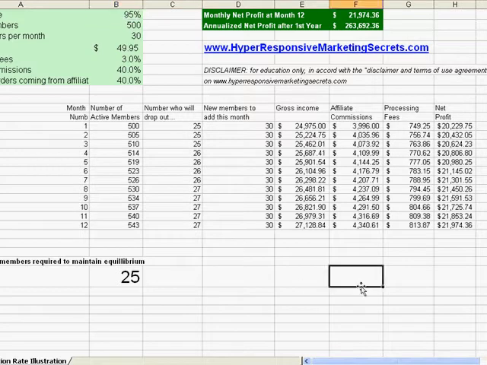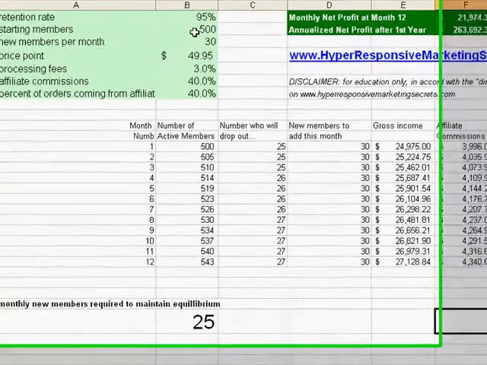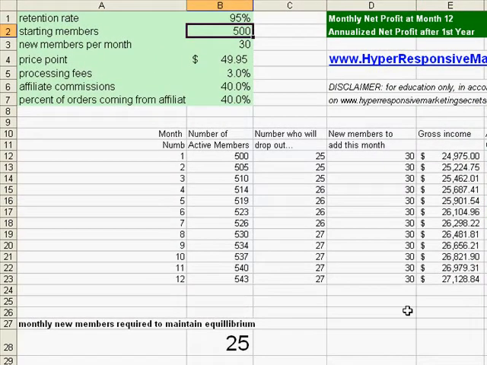The second thing is the impact of the retention rate on how many new customers you actually have to acquire just to stay at the level that you're at. So let's start with a theoretical situation of 500 paying members at $50 a month.